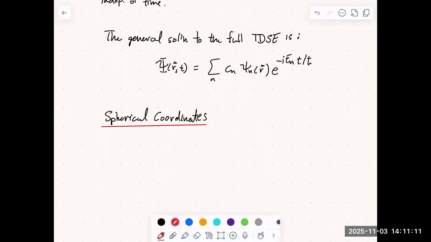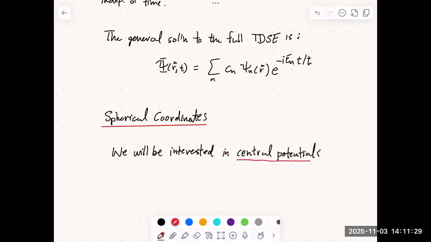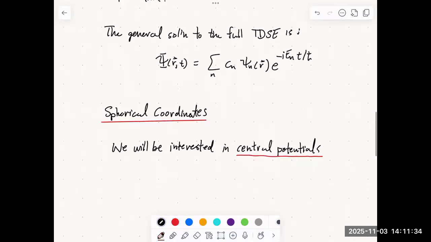Okay, so we will be interested in the so-called central potentials. So central potentials are important also in just regular classical mechanics. They're any potential where the value of the potential does not depend on the direction that we're looking at.